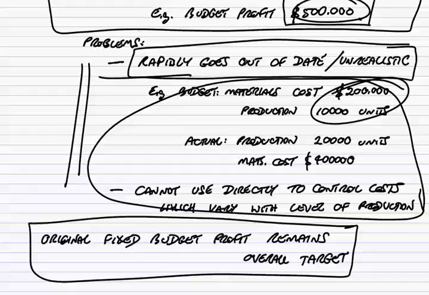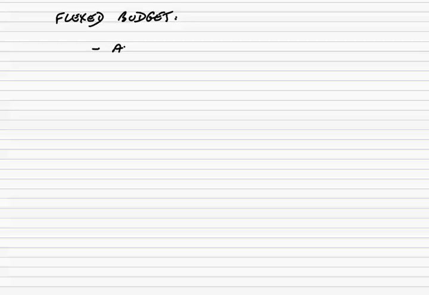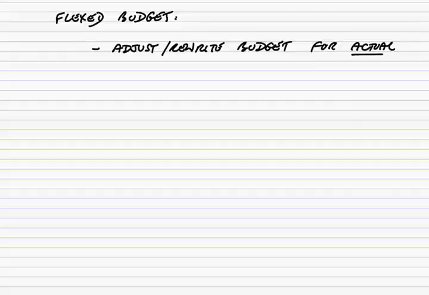Well, that adjusting of a budget is called a flexed budget. A flexed budget is where we adjust or rewrite the budget for the actual level of activity.